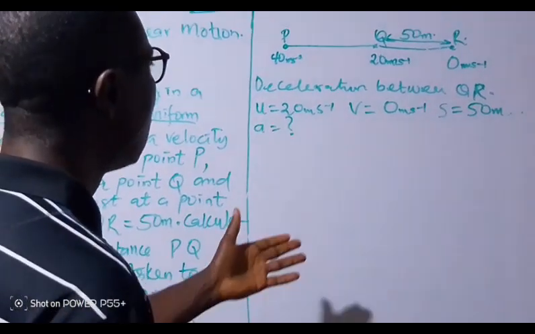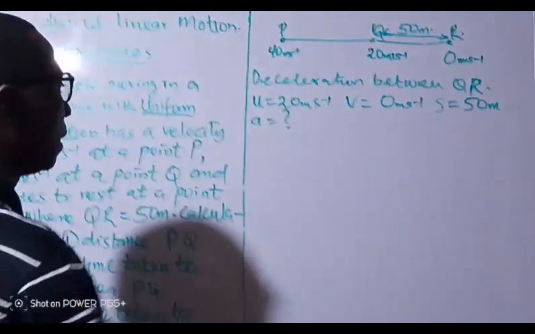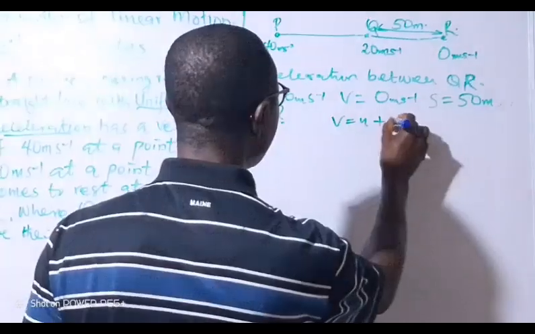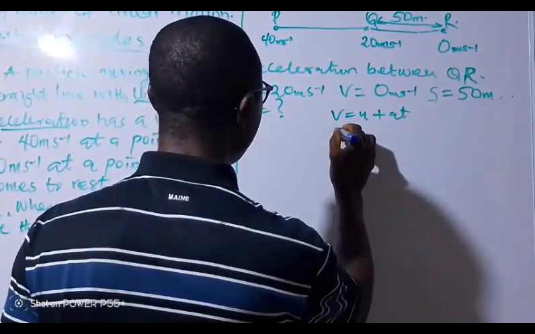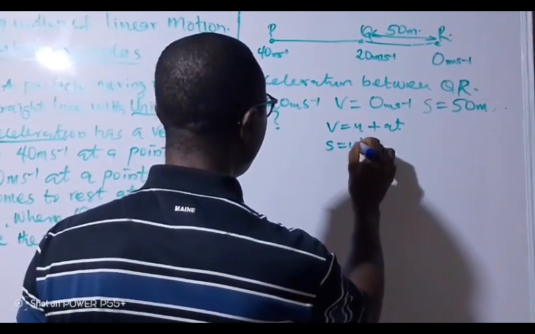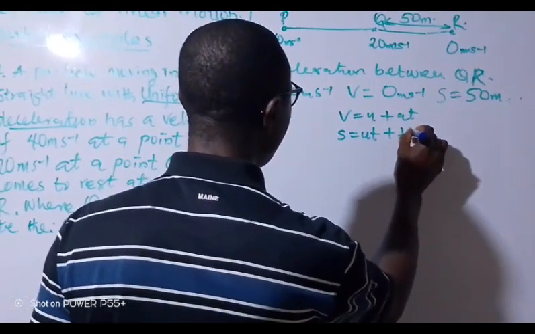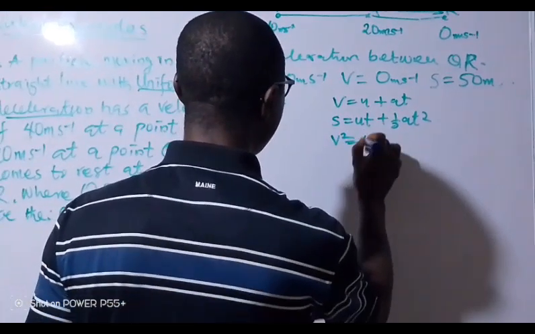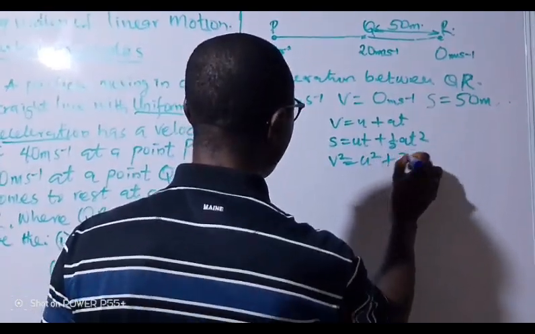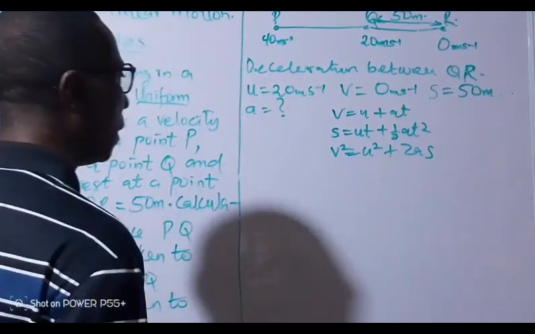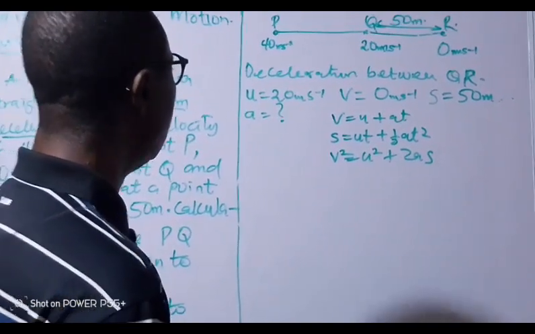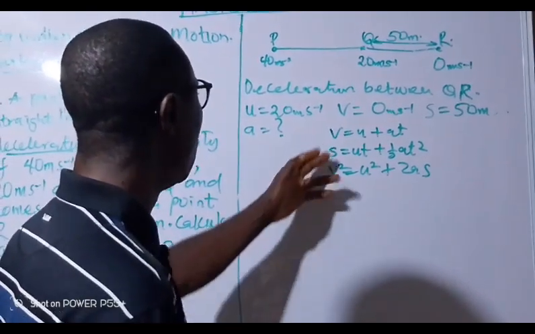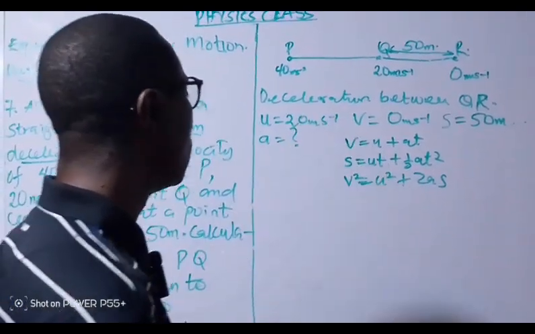Now look at it. If you write our possible formulas, equation 1 says V is equal to U plus AT, equation 2 says S is equal to UT plus half AT squared, equation 3 says V squared is equal to U squared plus 2AS. What you need here is A. Time is not given, so both equation 1 and 2 are not suitable.